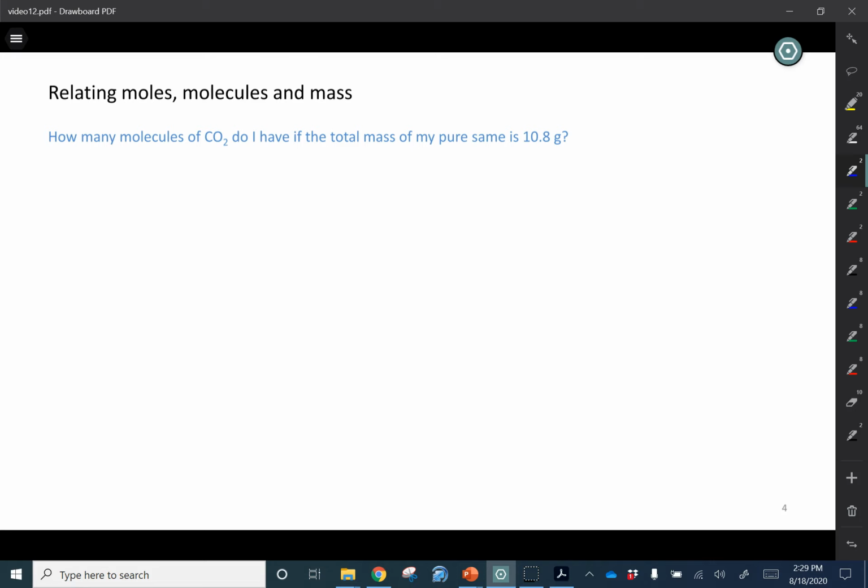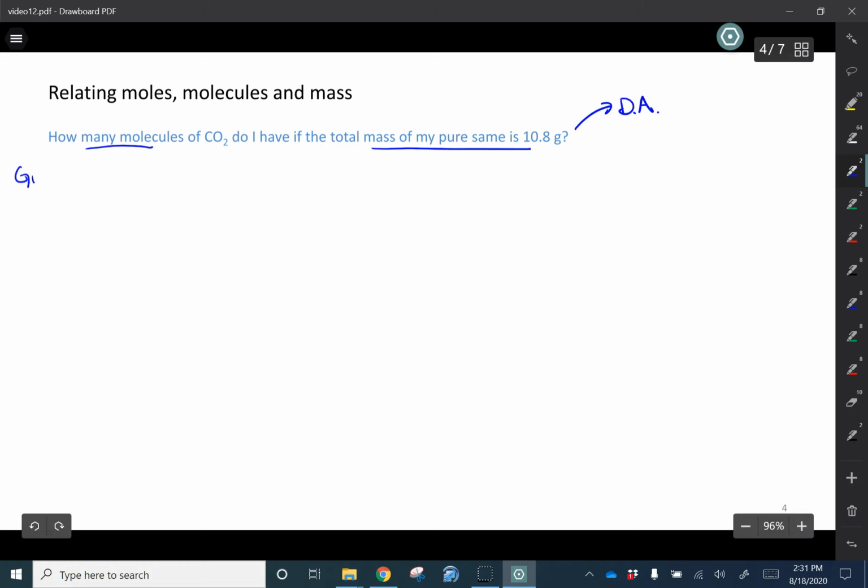So when we have these types of problems, when we're trying to find how many of something when we're given some other value, that should make you say, hey, we're going to use dimensional analysis. The first thing we do in a dimensional analysis problem is determine what we have been given. That's grams of CO2. And we want to find molecules of CO2.